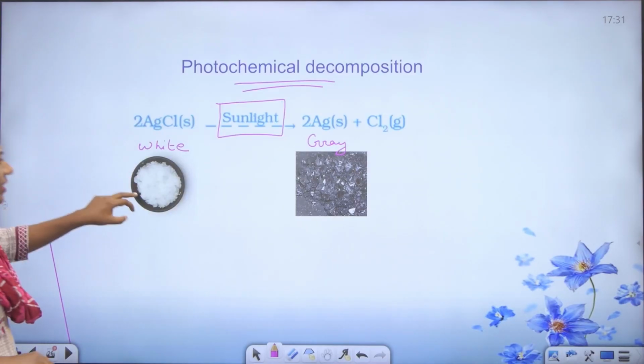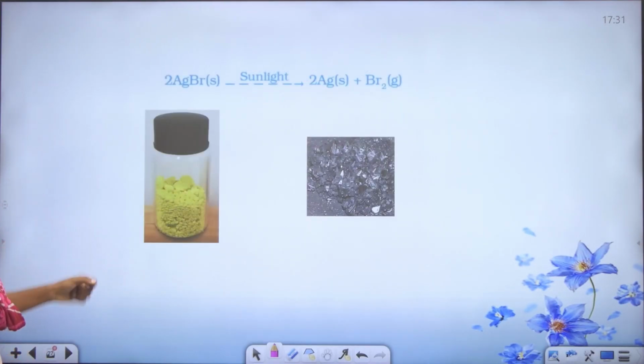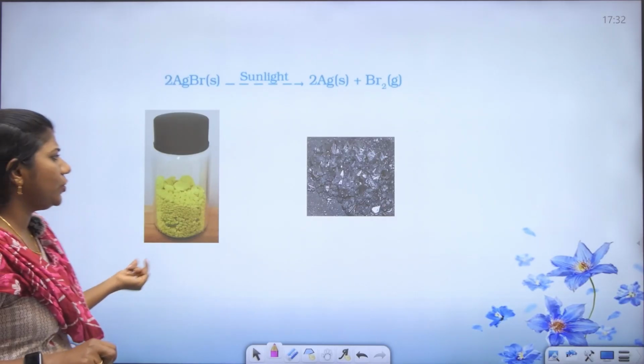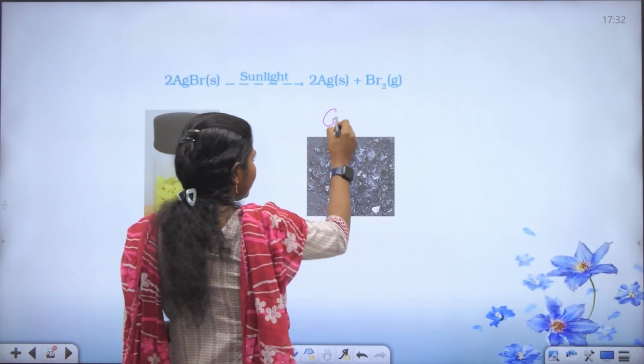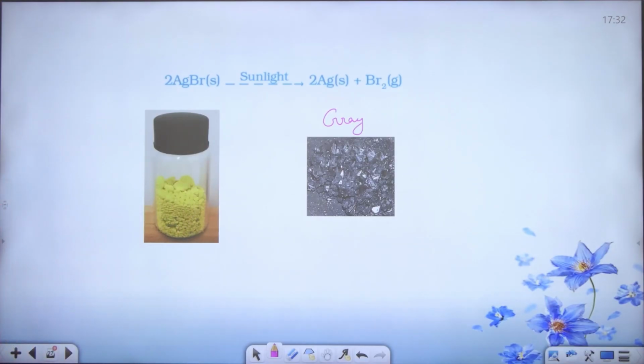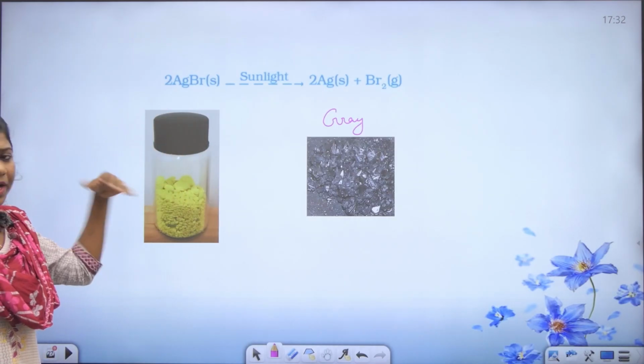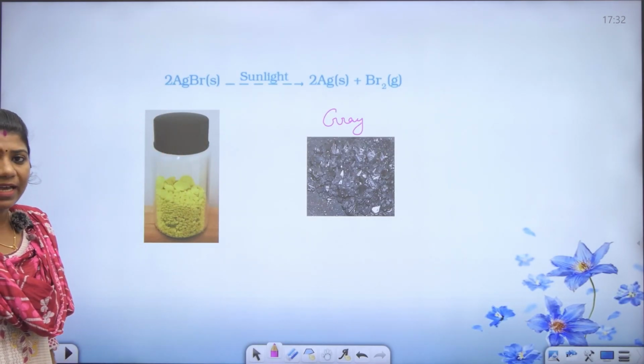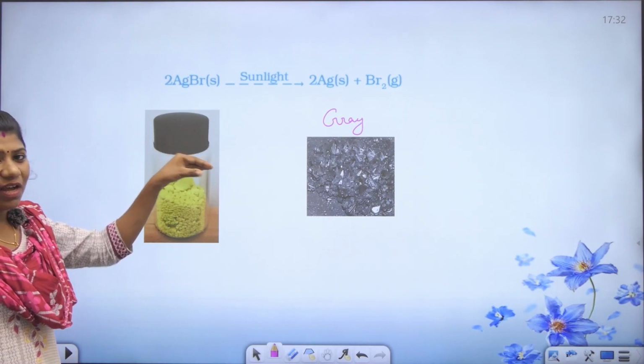AgCl, silver chloride, is a white crystal, but silver bromide is a yellow powder. Silver bromide reacts with the sunlight and changes into gray color. Why? Yellow colored AgBr reacts with the sunlight to form silver.